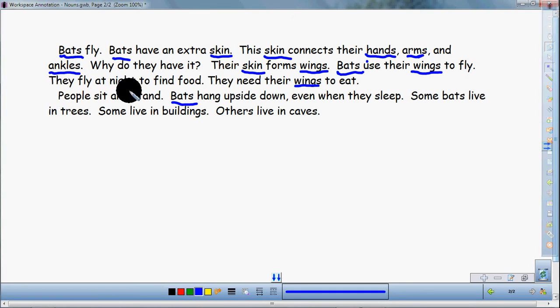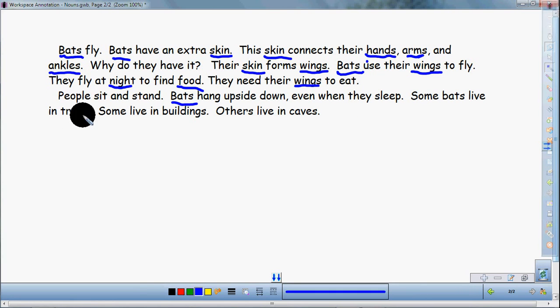They fly at night to find food. Night is a thing. Food is a thing. They need their wings to eat. There aren't any other people, places, or things in that sentence.